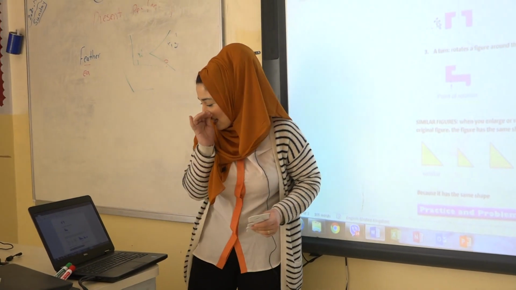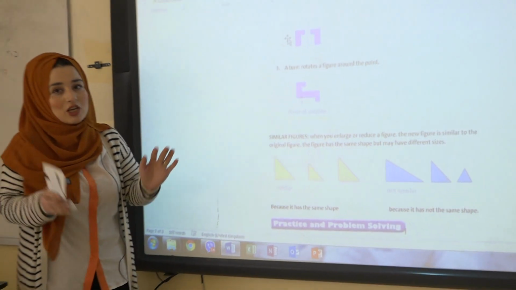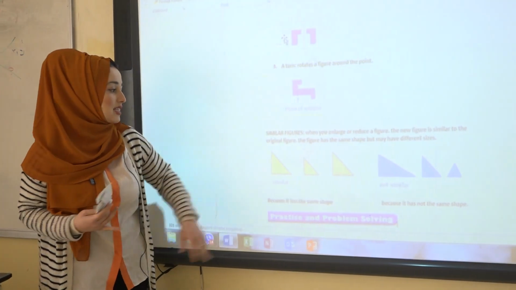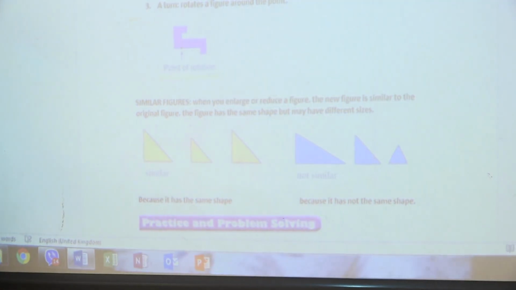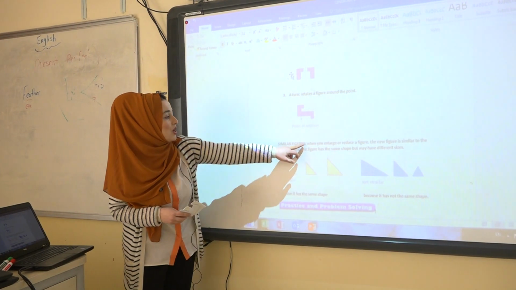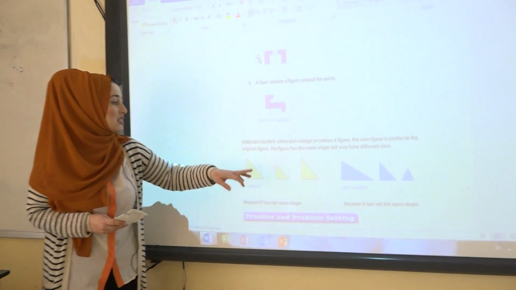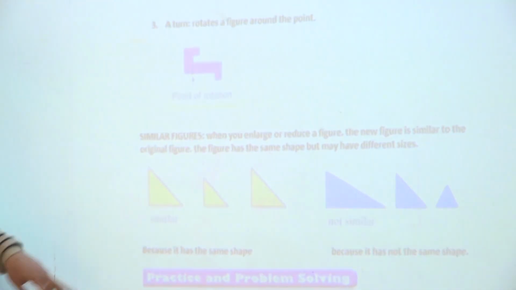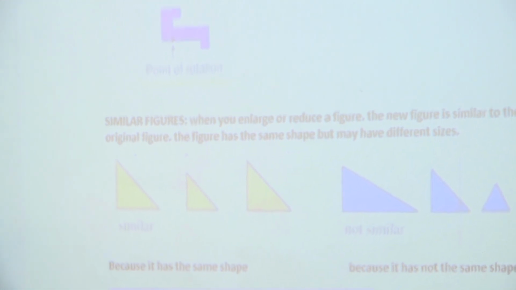So what does similar figure mean? Similar figures have the same shape, but not necessarily the same size. When you enlarge or reduce a figure, that's no problem. The new figure is similar to the original. Only the shape must be the same. For example, this one is similar. Why?